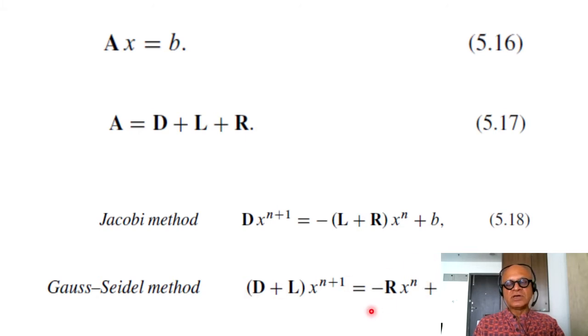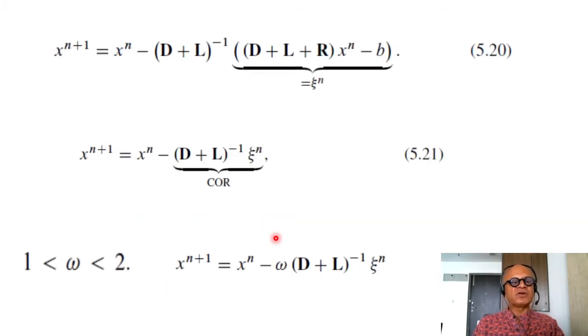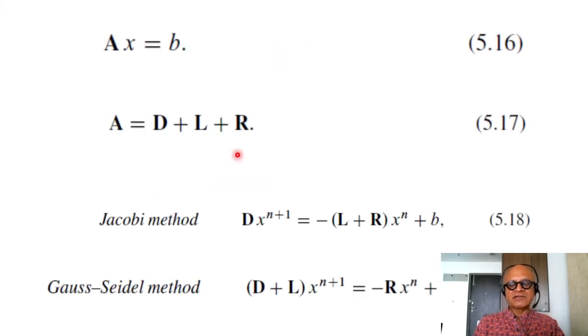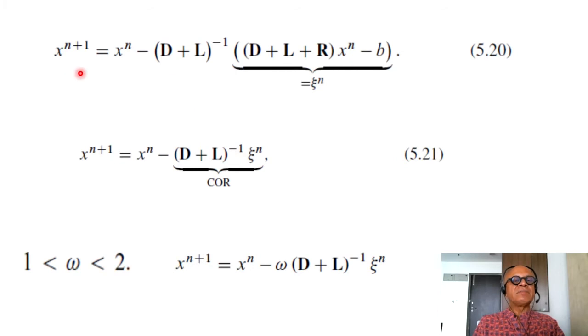So this accelerated the convergence compared to the Jacobi method, but there is a way to accelerate these further by writing this equation as x at n plus 1 equal to x at n. You can think of n as iteration now instead of time, for example, minus (D plus the left block) to the minus 1, which is the inverse.